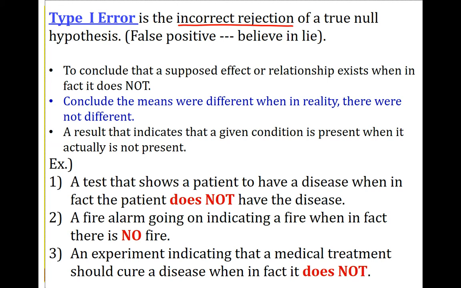It goes on to say that this is to conclude that a supposed effect or relationship exists when in fact it does not. Conclude means that we were different when in reality there was no difference. We chose to say, this thing I am measuring is different, but actually there was no difference.